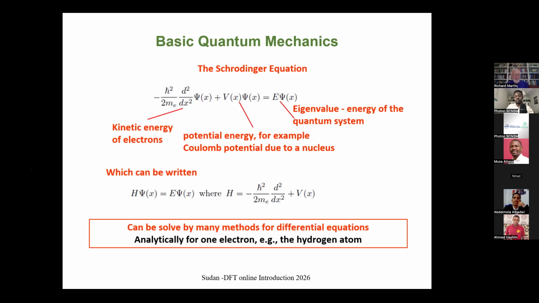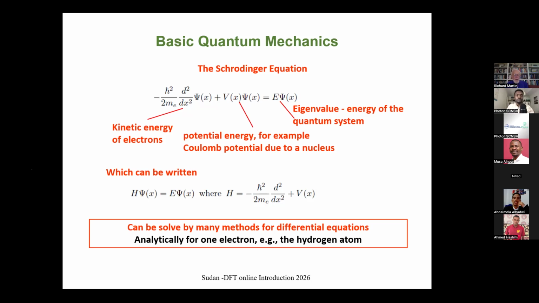Basically, the Schrödinger equation is the equation for a wave function, and it's just a differential wave equation that has a second derivative of the wave function, which is the kinetic energy, and the potential energy, where the electrons are affected by other things, like for example the presence of the nuclei, and the eigenvalue is the energy that one wants to understand from the quantum mechanical equations.